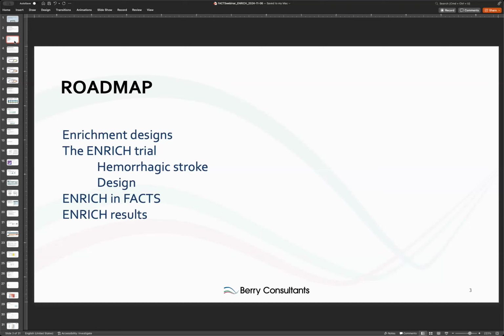So we'll talk a little bit about the indication, but then I'll tee up the design in the slides here, and then we'll move into FACS and put that design into FACS and look at it there. Look at a few simulation results, and then ENRICH is a trial that is complete. The results are published, and so we'll actually come back to the slides at the end and look at what those results were, how they aligned with some of our simulation assumptions, and so on.